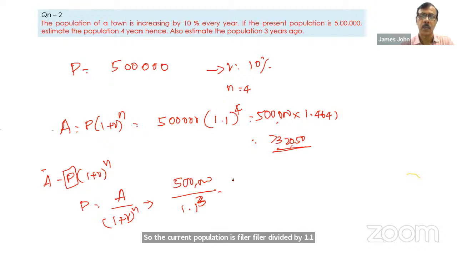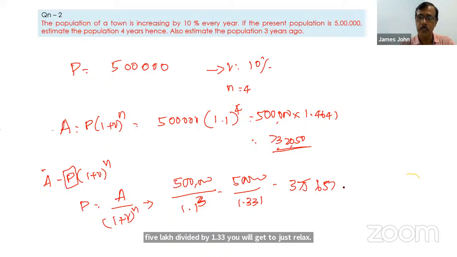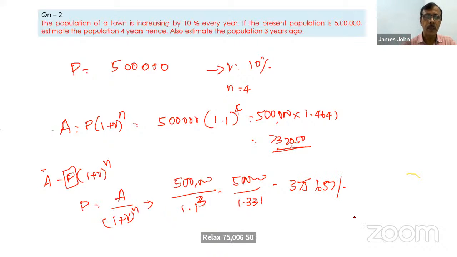This means 5 lakh divided by 1.331. You'll get it as 3,75,657.